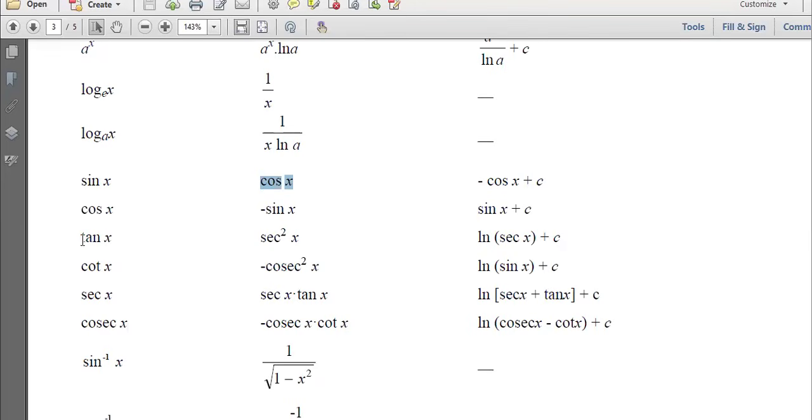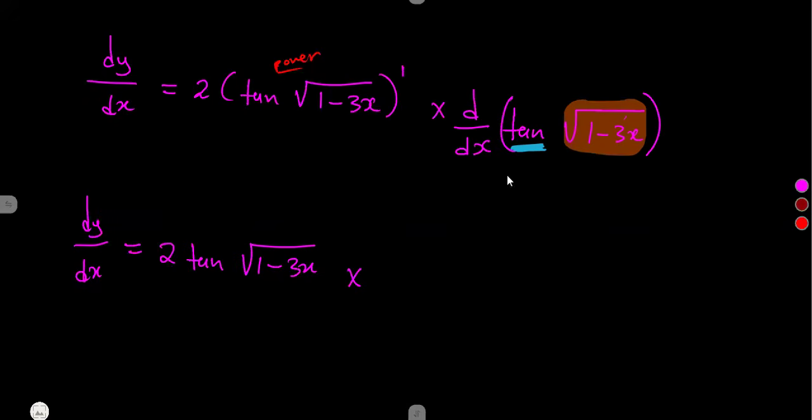Here. Tan, the derivative there is going to be sec squared. So it is supposed to give you sec squared of what? You are ignoring that function. You are differentiating with respect to this. So it remains as it is.